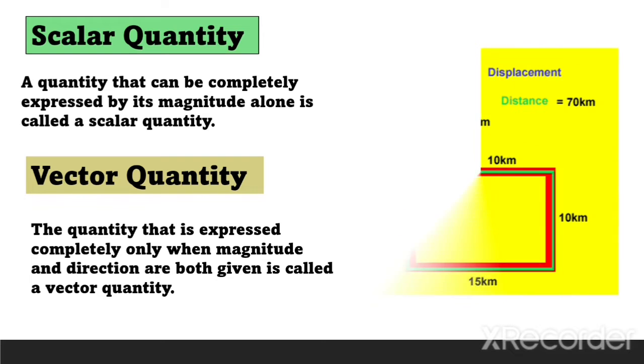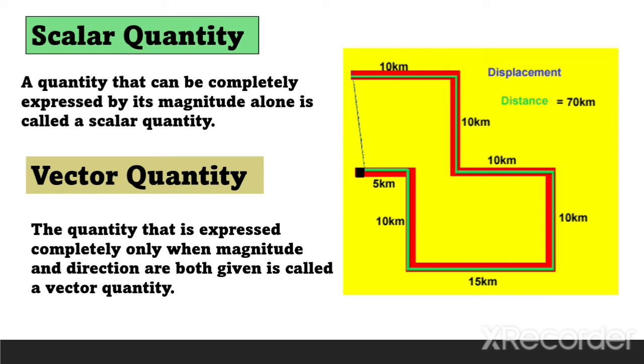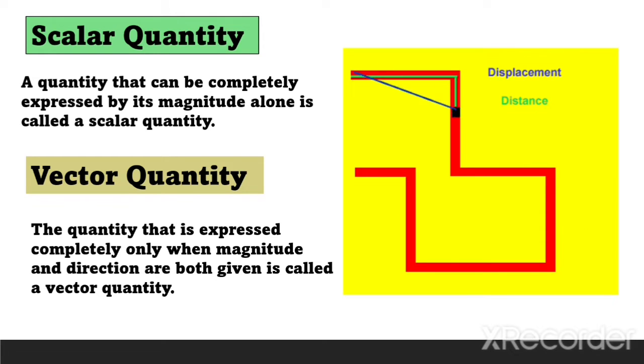Let's take one simple example to understand scalar and vector quantities. In this example, the object is represented by black color, the blue line is representing displacement, and the green line is representing the distance covered by that object.